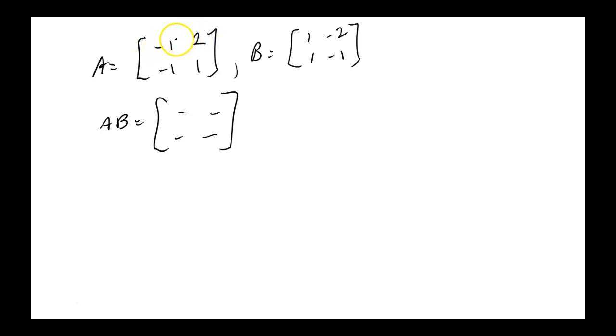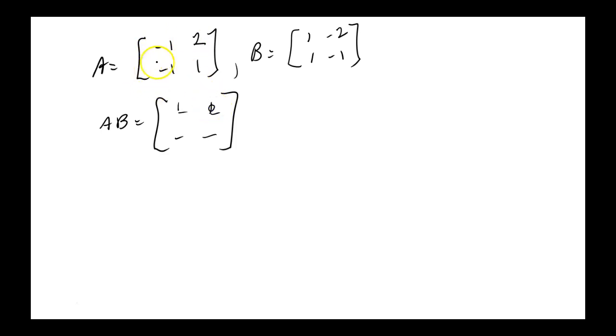One for the first entry. The 1, 2 entry will be 0.